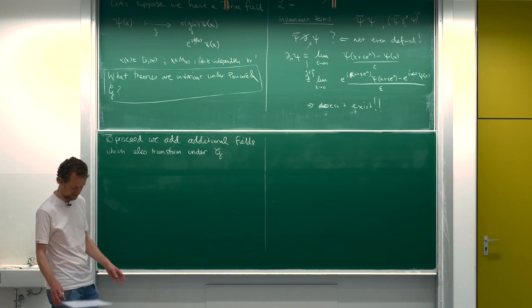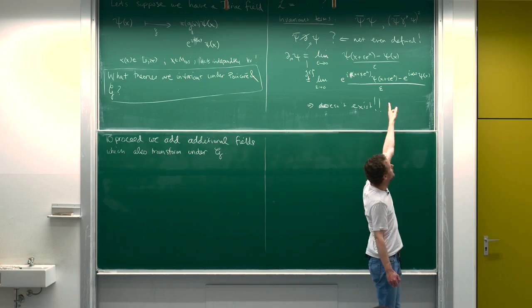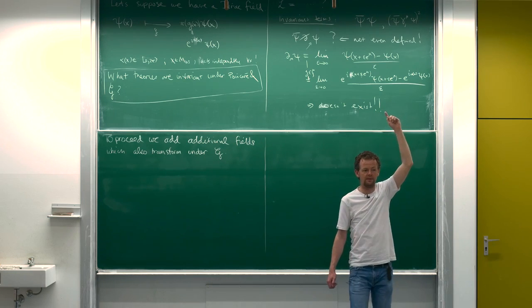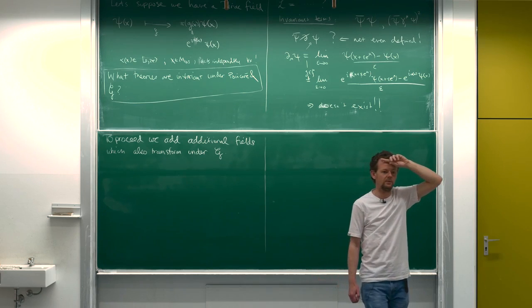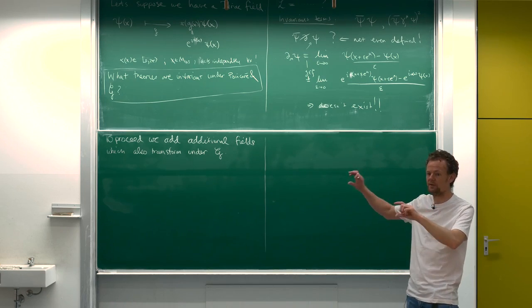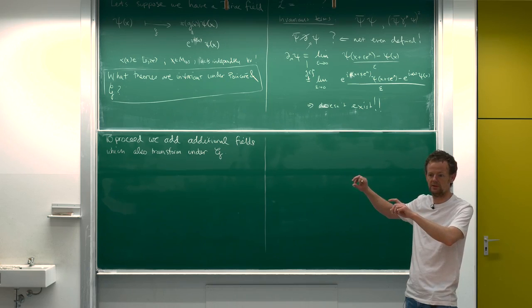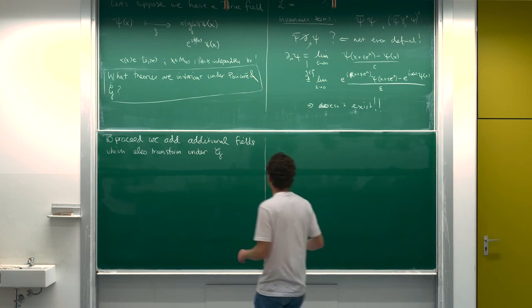The way we're going to do that is to look at this expression here. The problem with the derivative is that we're trying to compare the field at different locations in space-time, but the field is allowed to transform independently at these two locations. What we have there is an example of a comparator.